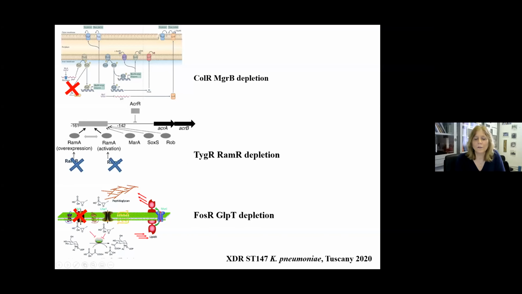We also found a mutation in the GlpT transporter, which consequently means Fosfomycin resistance. With four mutations, the previous NDM carbapenemase strain evolved and acquired resistance to three drugs that were used against it.